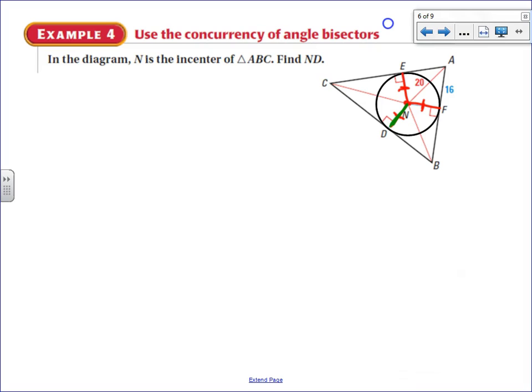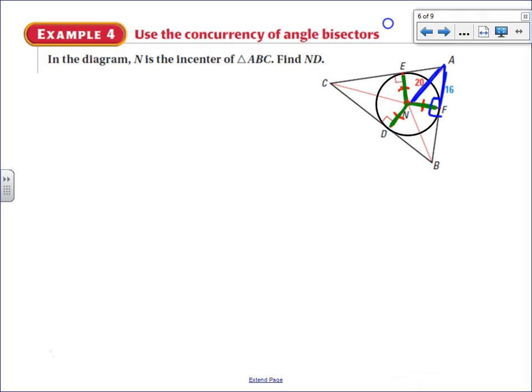All right, so how do I find ND? Well, I notice it's the same as all these. So if I can find any of these that I marked in green, I'll know what I'm looking for. So let me just highlight in blue what I know. I know this is 16, this one's 20. Well, I see that I have a right angle here, so this has to be a right angle.